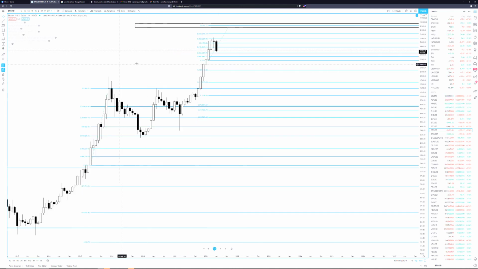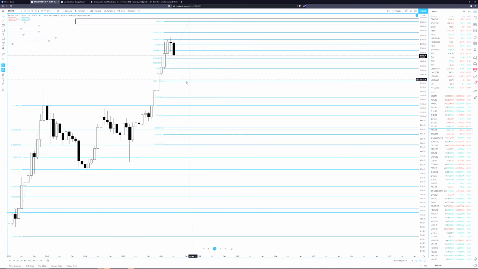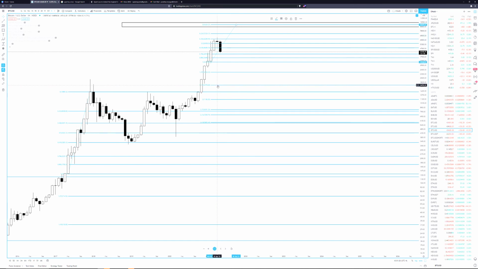You could say the 1618 would get tested, which would be, oh man, if it pulled back down to 16,000, 17,000, how thrilled would you be? By the way, look at the number there. The 161.8% Fibonacci retracement is at the price level of 16,778. That's really close together, those numbers. That's not a coincidence. Math is cool.